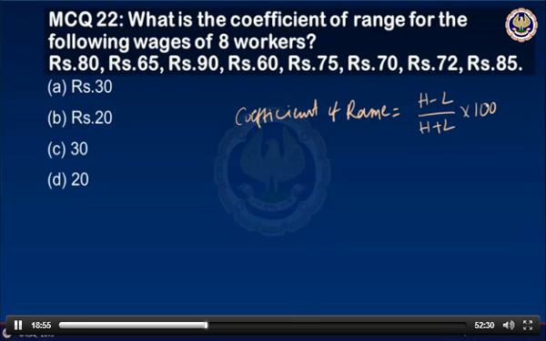If we look at the data, the highest value is rupees 90 and the lowest value is rupees 60.